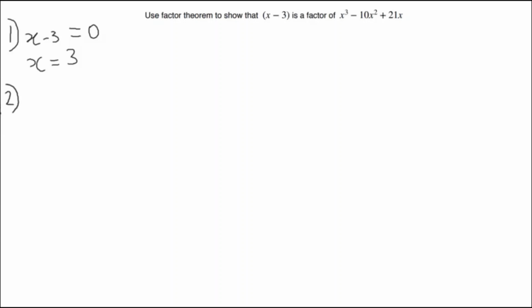So you'll have 3 cubed and minus 10x squared. You've got to remember that's just 10 times x squared. X is 3, squaring that 3, and then it's literally just from here.